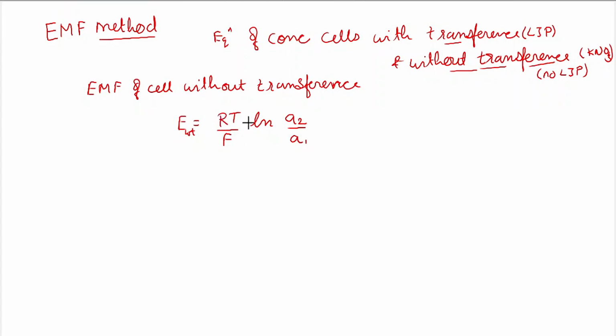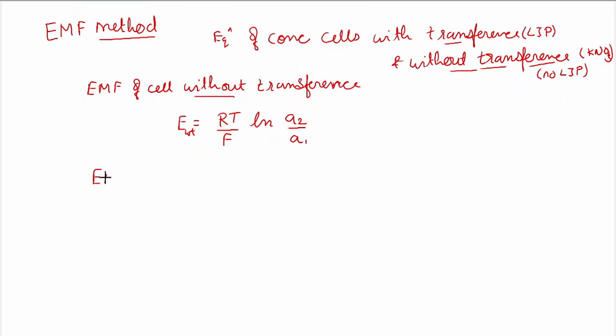Here we could also consider the valencies and the number of ions, so accordingly the equation may change, but this is one of the most basic equations. So this is the equation for concentration cells without transference.